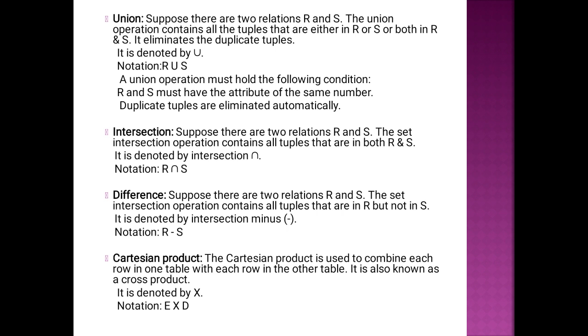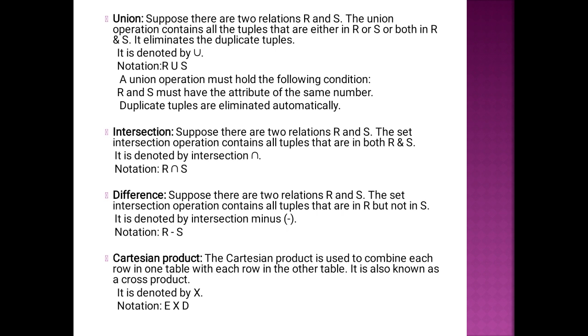Suppose you have a table T1 and a table T2, and you have a set of values 1, 2, 3, 4 in table 1 and 2, 5, 6 in table 2. So what will be the result after union?